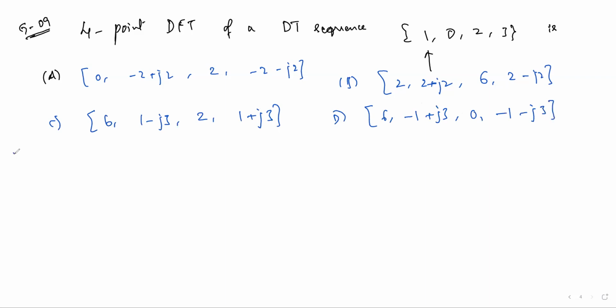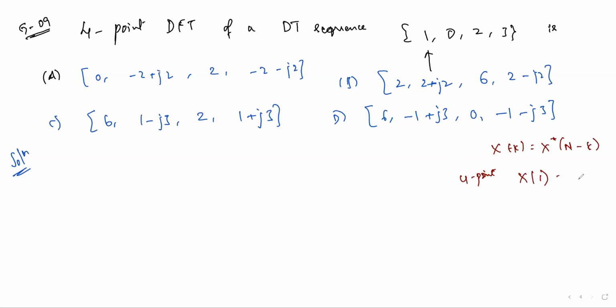So observe the options. Finding the DFT of a sequence is very time taking, we know. It is very time taking to find each element. But we know one thing here: X of k is equal to X complex conjugate of N minus k for 4 point.